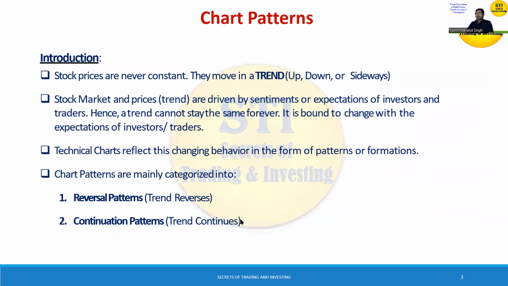Okay, so initially when we started, we were looking at each and every candle, and based on the candle formation, we also looked at how a set of candles can make a pattern of bullish or bearish.